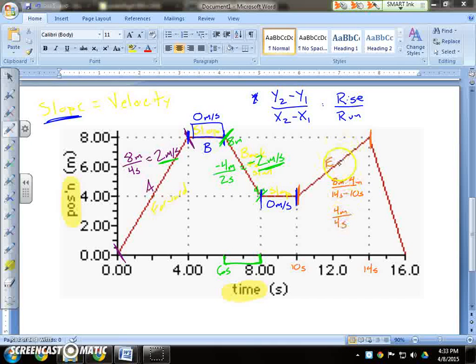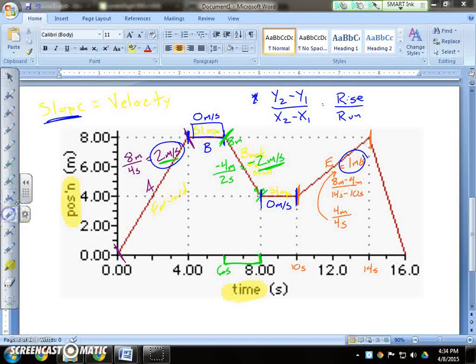So E is going to equal a very nice 1 meter per second, which means it is half of the speed that we saw in segment A. And that should make sense, because when we compare the slopes, the slope of A is much steeper than the slope of E. It's actually twice as steep, which is why you get a 2 versus a 1.